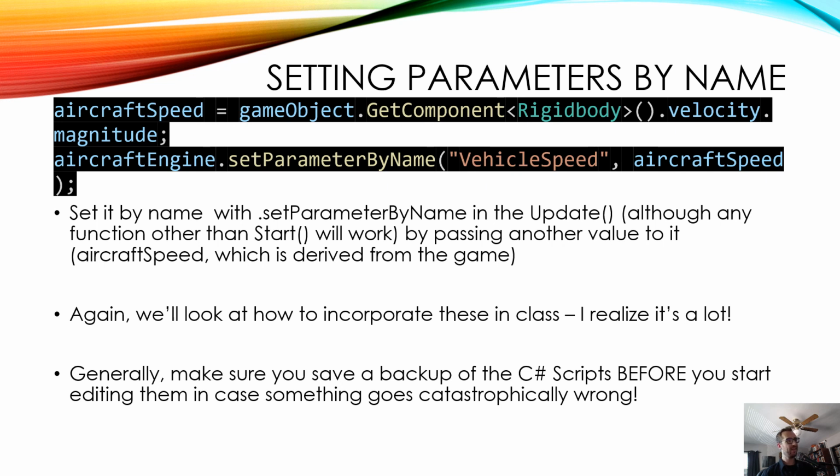Constantly do that. Save, save, save. Control S, Command S. That should be instinctive. But again, take a look at the code, and we will look at this in class and explore how to use parameters and basic scripting of different FMOD events in your code as well. So come with questions and ideas as to where to put the code.